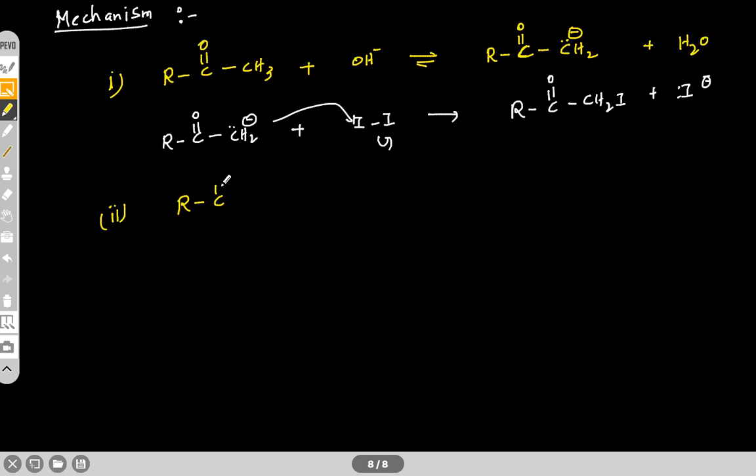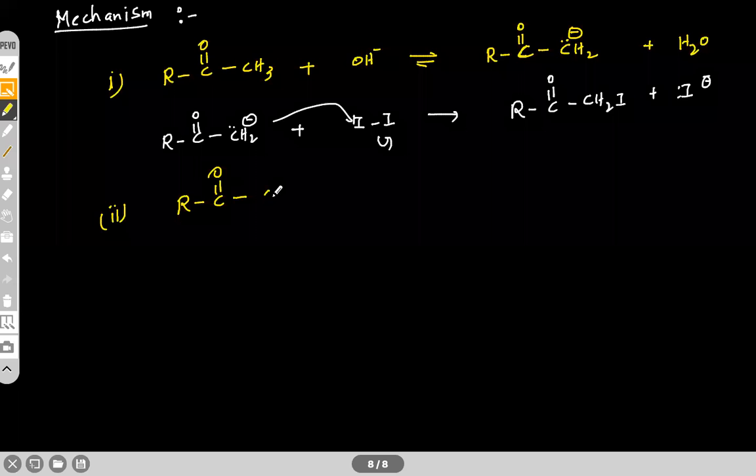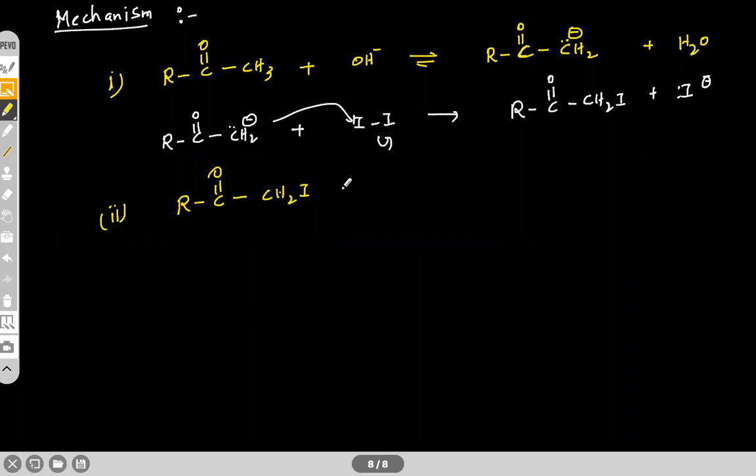The next step is similar to the first step. R-C double bond O, we have CH2I plus OH minus.